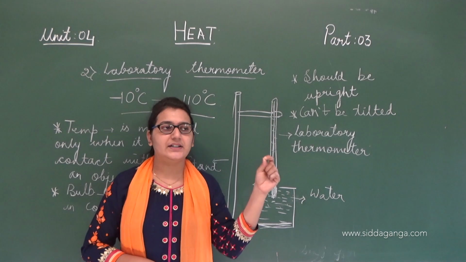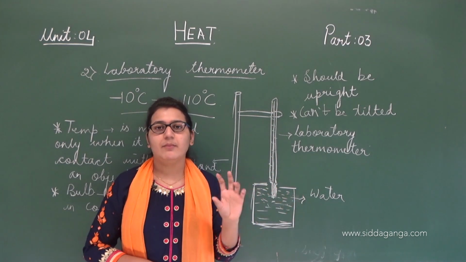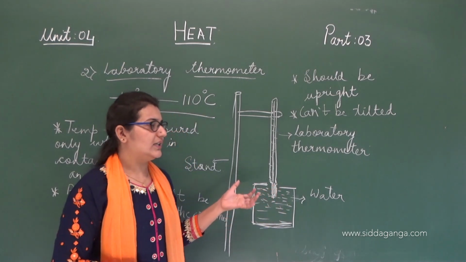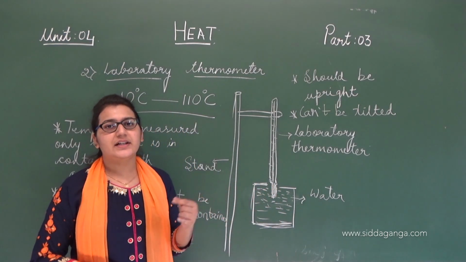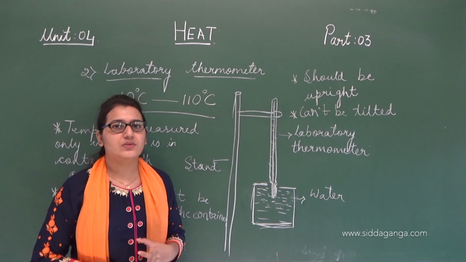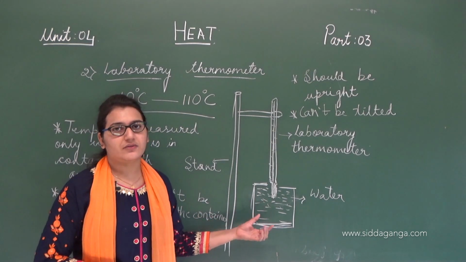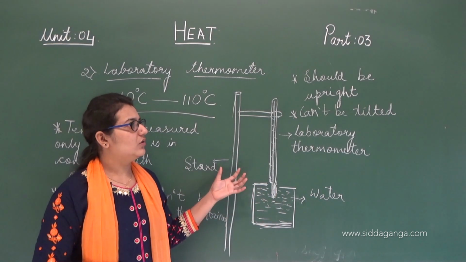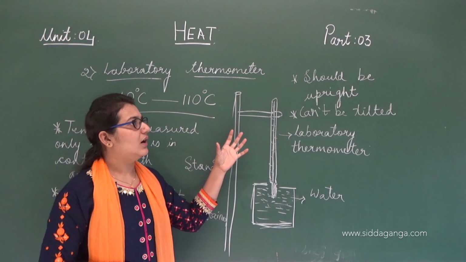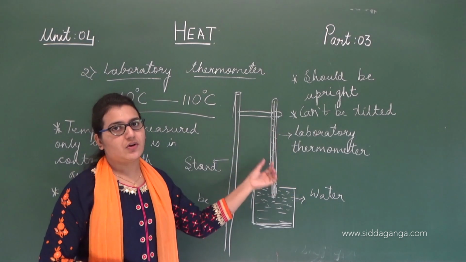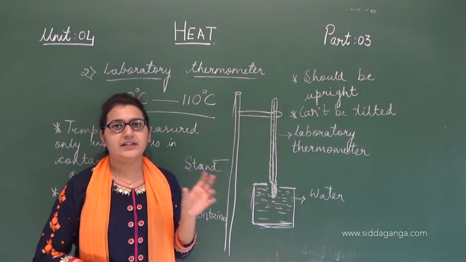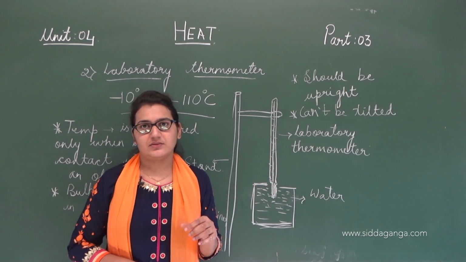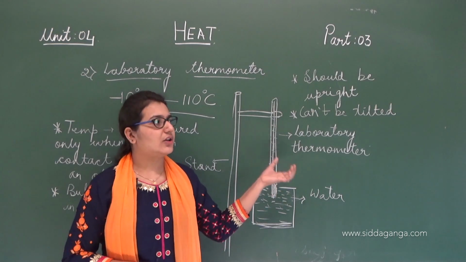Whenever we tilt it or move this thermometer, the mercury level changes. It doesn't detect the same temperature that it used to detect when it was in contact with the object. So the only reason it should be kept upright, that is straight, and cannot be tilted like we did with the clinical thermometer, is because it doesn't have a kink.